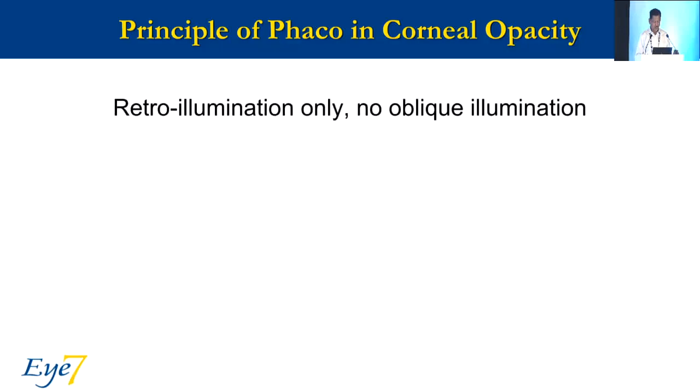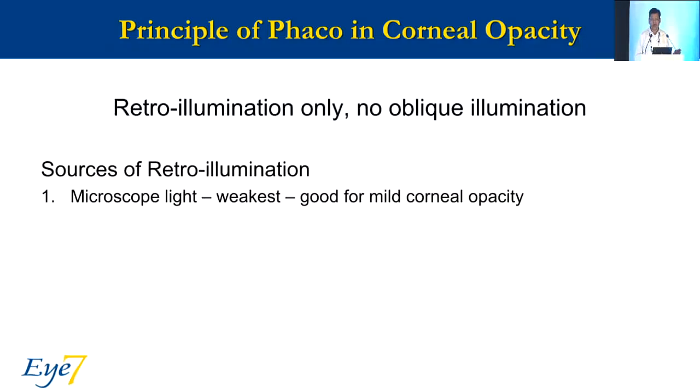The basic principle, when you are going to do a phaco in a corneal opacity, is that you need a strong retro illumination, not the oblique illumination that we are used to. Sources of retro illumination can be the microscope light, which is the weakest and is good for mild corneal opacities.